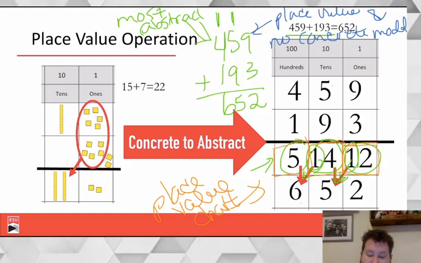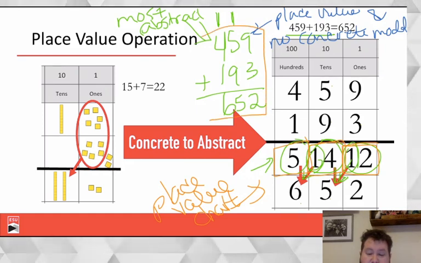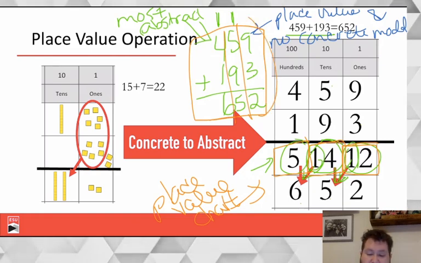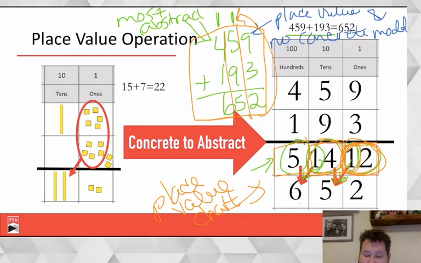But none of that is happening here. We just have to remember that we have ones, tens, and hundreds. And when we rebundle, for some reason, we stick it up top, right? Whereas here we really think about the idea of 12 ones, because we have one that gets rebundled, or 14 tens, one gets rebundled into 100, and so on.